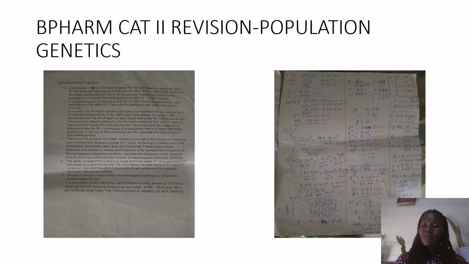We looked at several selection models and types, which I'm not going to discuss at this point, but I'm going to go straight to the question. It says, a selection model where the homozygous dominant are selectively disadvantaged.